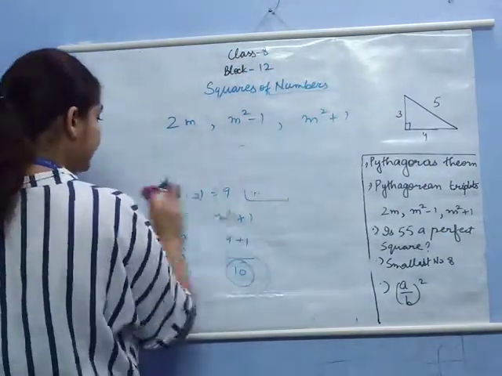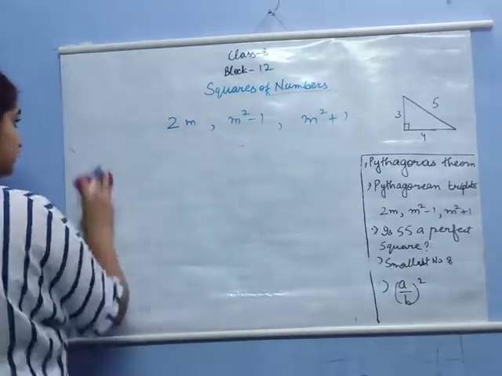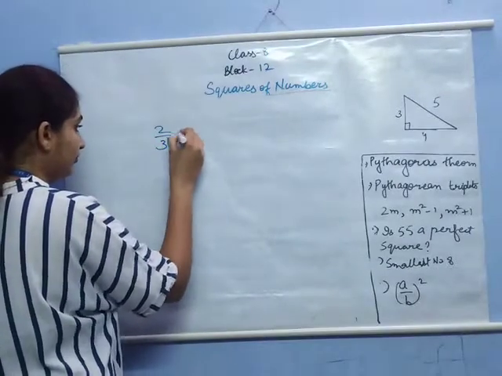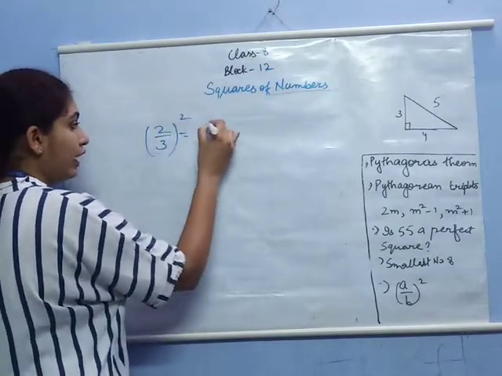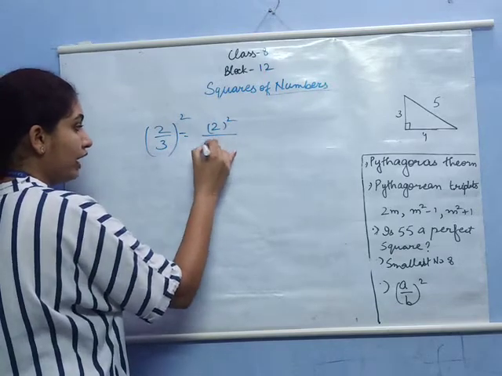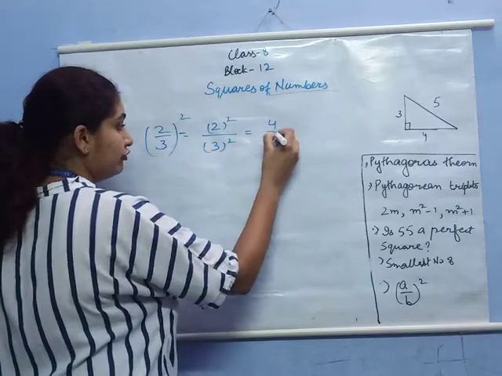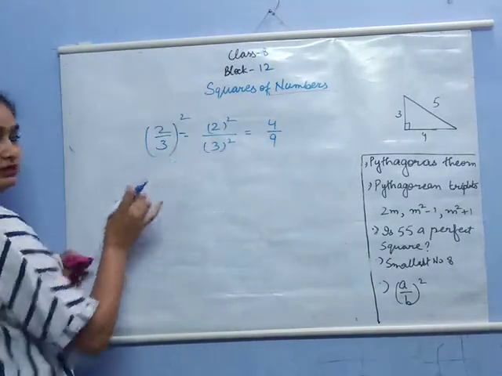If we need to find the square of a fraction, how am I going to find it? Suppose I have to find the square of 2 by 3, what will I do? I'll square the numerator separately, I'll square the denominator separately and then write the number. 2 squared is 4, 3 squared is 9, 4 by 9 is the square of 2 by 3.